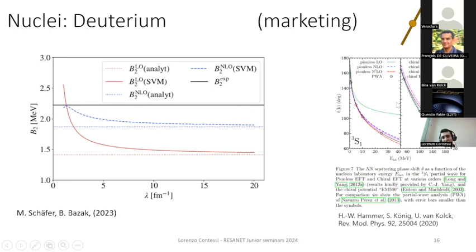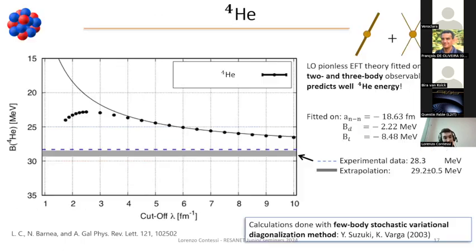Of course, you can do the same with the phase shift, and essentially you see that the leading order phase shift at a certain point becomes far from the physical one, but this doesn't mean that your theory is failing. Actually, when you go to the next leading order, you get the phase shift much better, and then it starts to converge to the physical value. This is what you would expect. The leading order not necessarily works perfectly, but then you can improve the theory order by order.